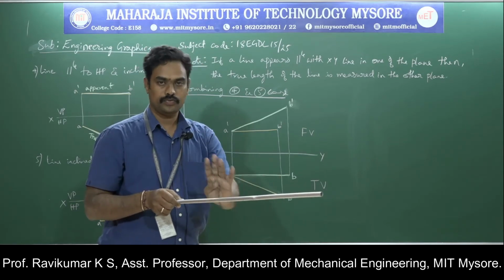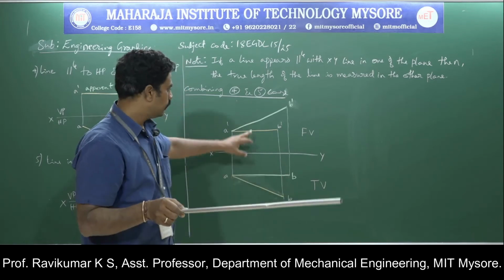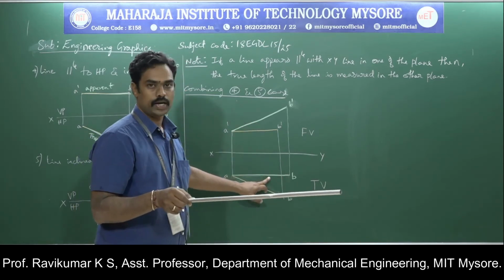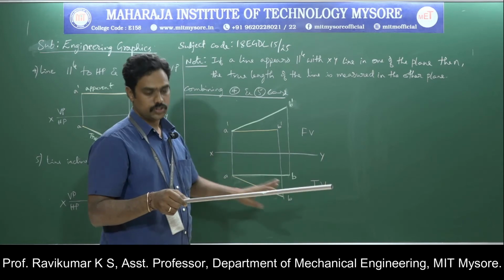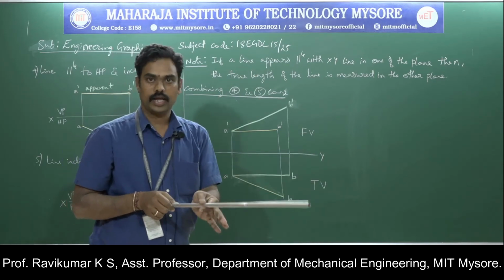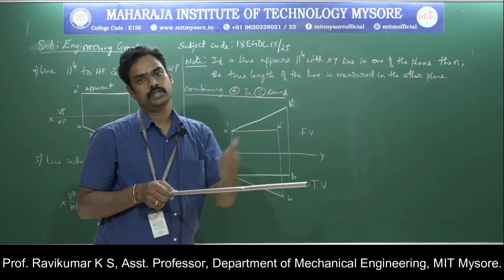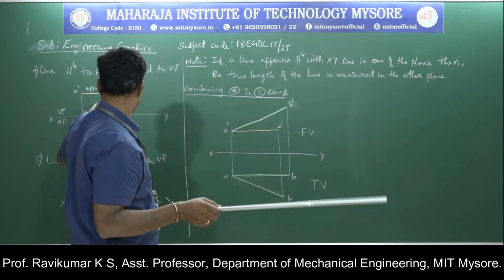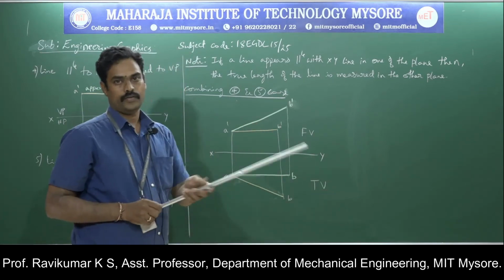In the fourth case, I can get the true length and the apparent length. Okay, so this is the concept: just rotate the line, take off the inclination, reduce to either the fourth or fifth case, and get the views.